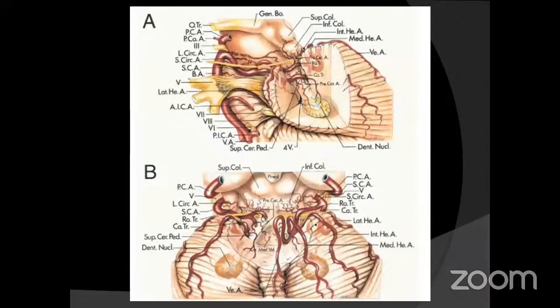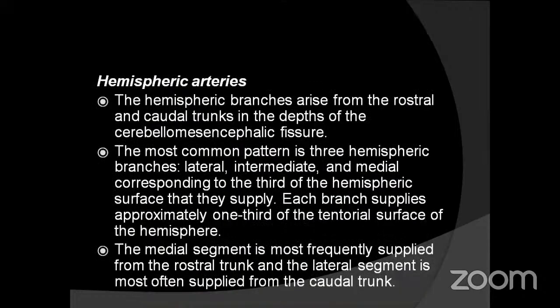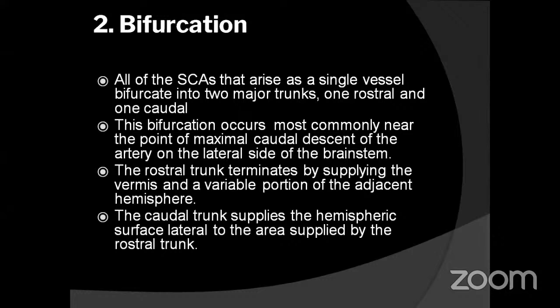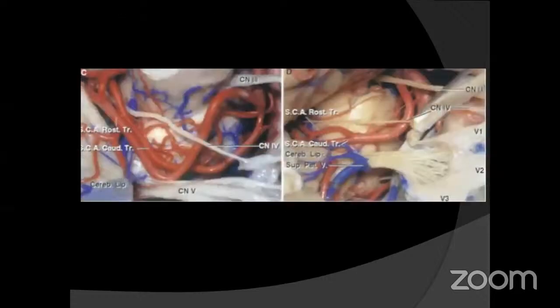And the medial hemispheric artery and the Vermian branches will be arising from the rostral trunk. So as we discussed previously, after bifurcation, the rostral trunk supplies the vermis or the medial part, and the caudal trunk supplies the lateral part or the hemisphere of the cerebellum.